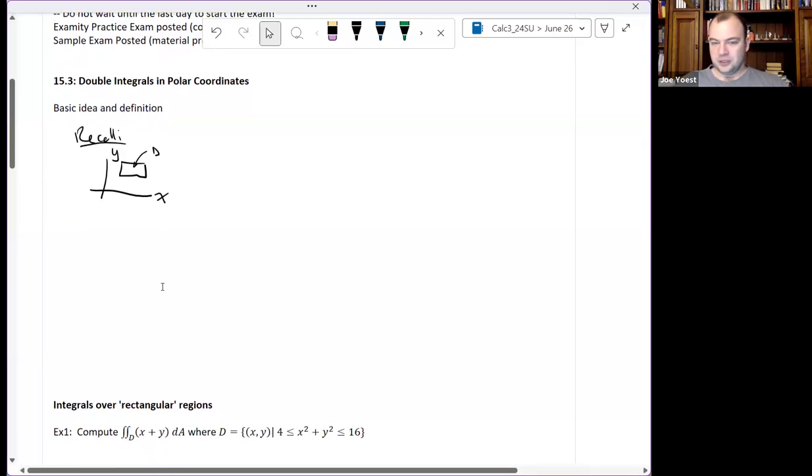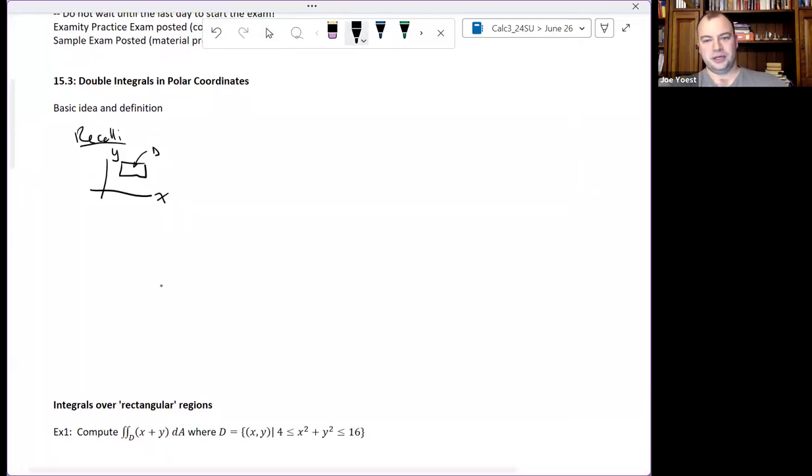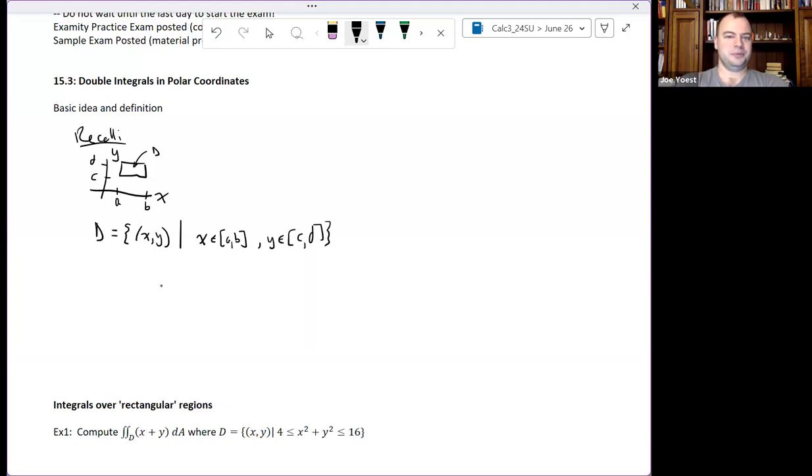Okay, so just recall that a rectangle in rectangular coordinates looks something like this. It's the set of all x and y such that, well, we have x between a and b, and y between c and d.